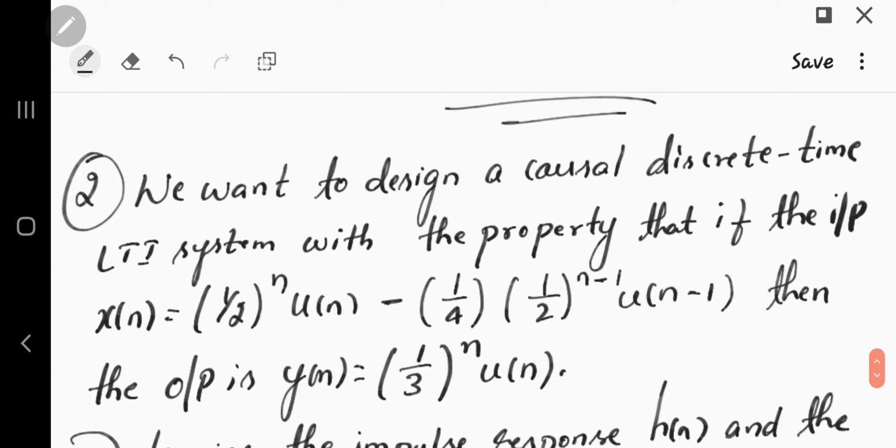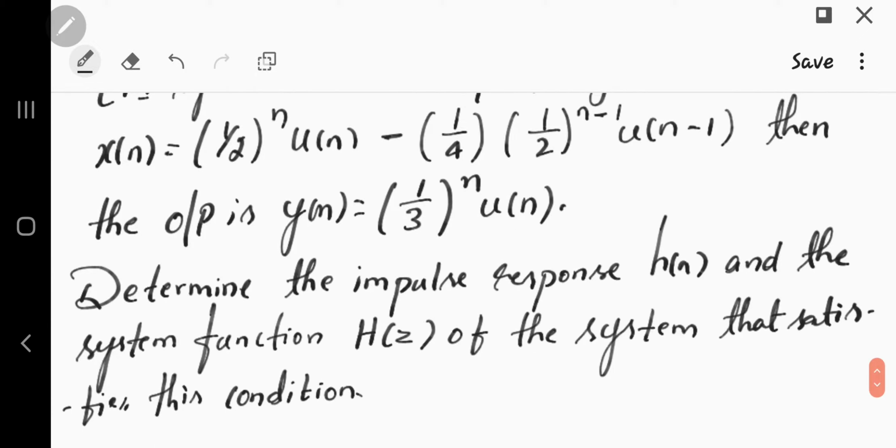So now looking at the problem, here we are to design a causal discrete time LTI system, given x of n and y of n, that is the system input and output. Now what we have to find here, we have to determine the impulse response h of n and the system function h of z of the system. So two things have to be done.